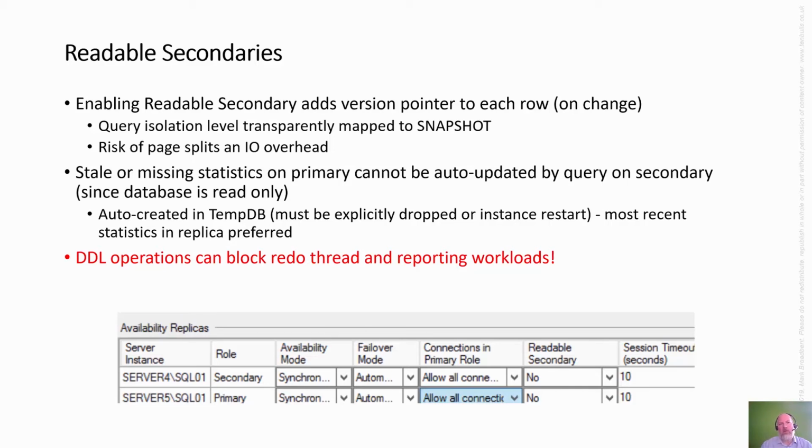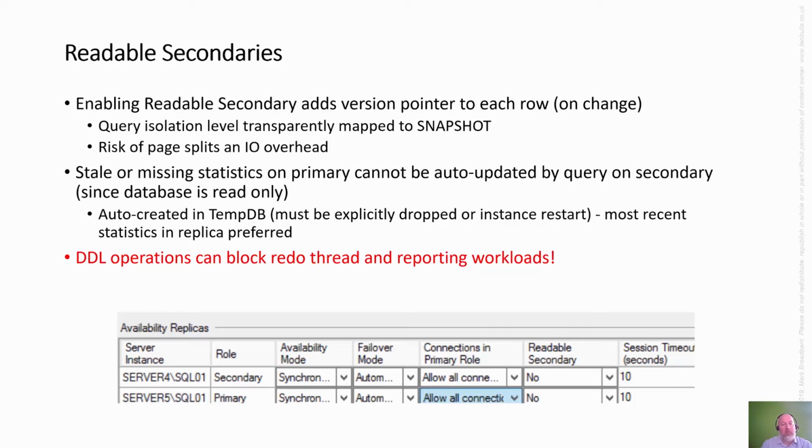Okay, there are a few considerations to watch out for. The main one of which is if you are still using pessimistic isolation, so you're not using read committed snapshot isolation, or indeed snapshot isolation, by enabling a readable secondary, it means for those databases that are part of that availability group, every time you do an update to data, behind the scenes it will create a version pointer for each row.